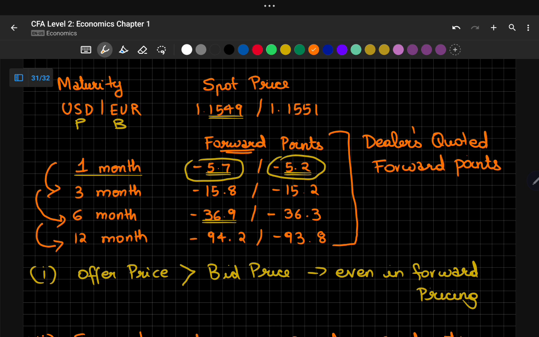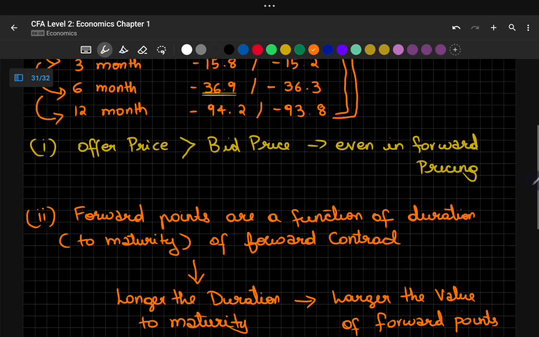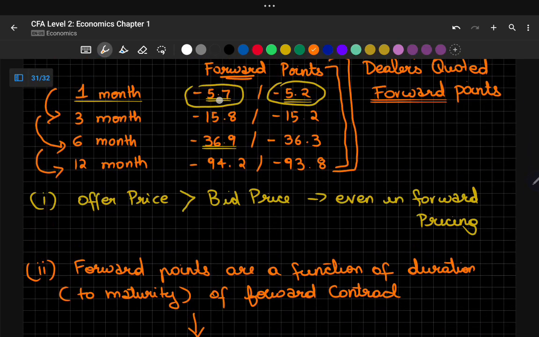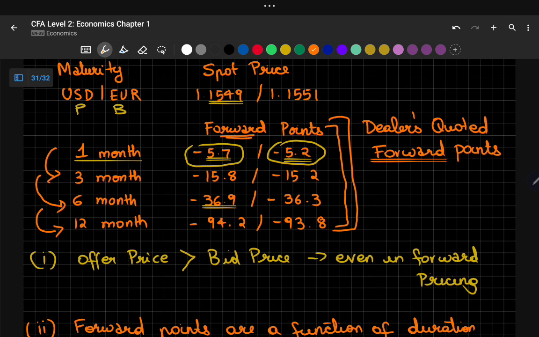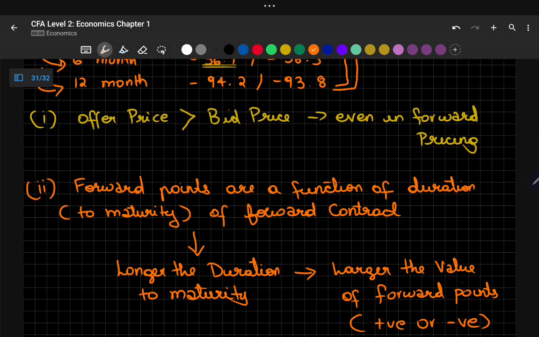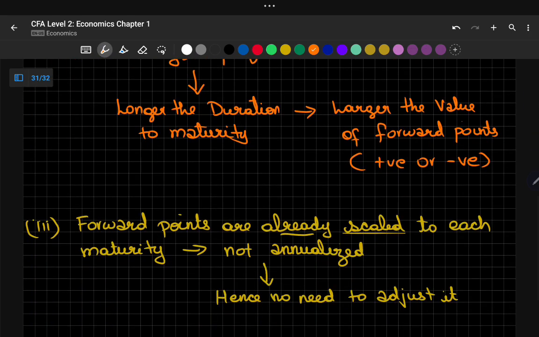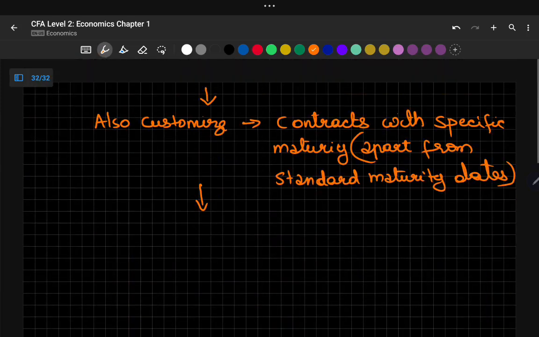Based on the dealers quoted forward points, the forward points for 1.5 months can be calculated from this table. The 1.5 month forward points would be interpolated from the already present dealers quoted forward points. Based on that, the contract can be customized as per client requirement.